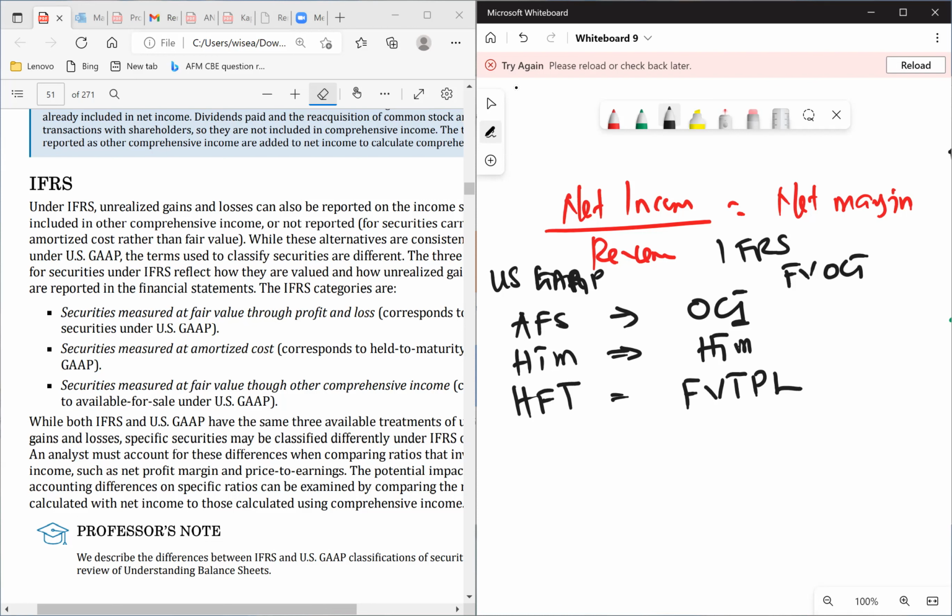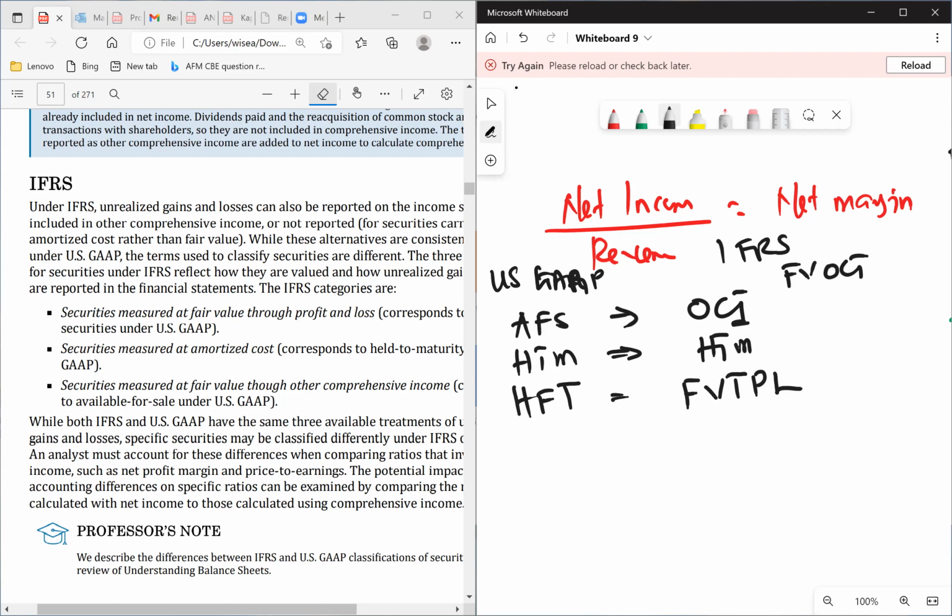So the asset and the classification determine its impact on the P&L. So changes in the value of available for sale should be passed to other comprehensive income, but changes in the value of instruments classified as held for trading should be passed to fair value to P&L. If an item is classified as held to maturity, that means that there will be no mark to market.